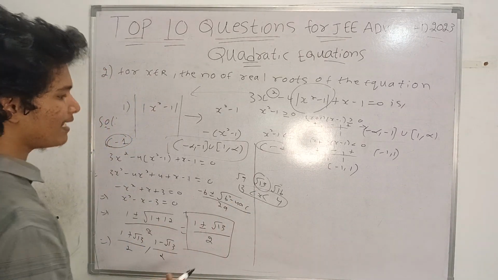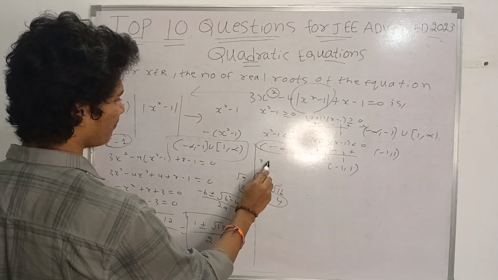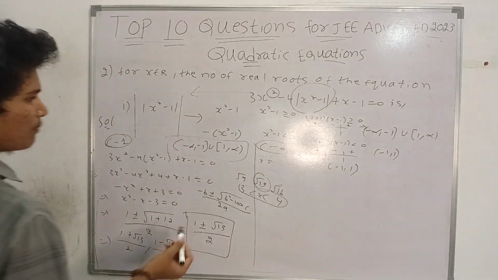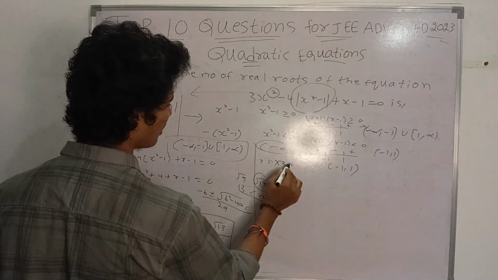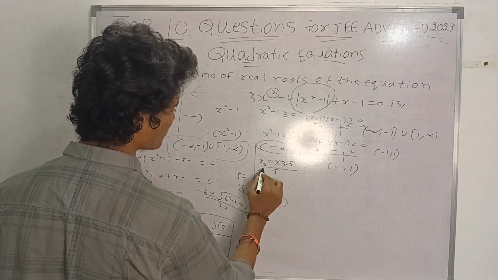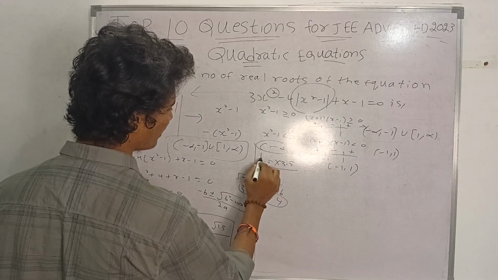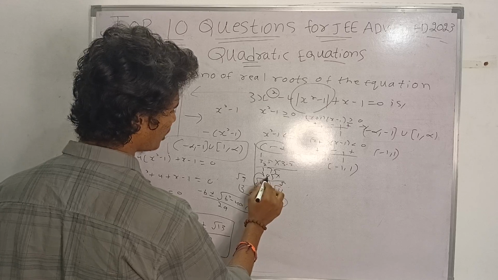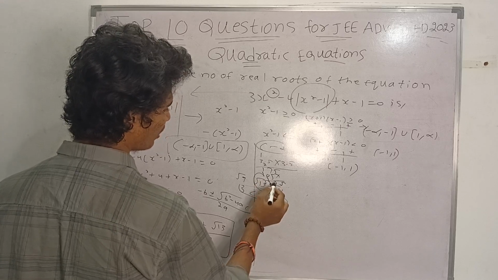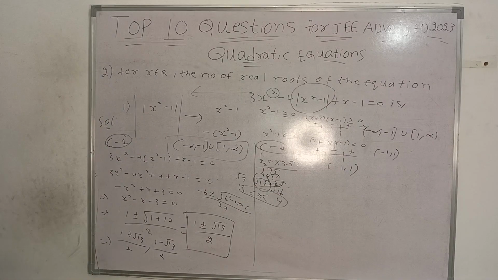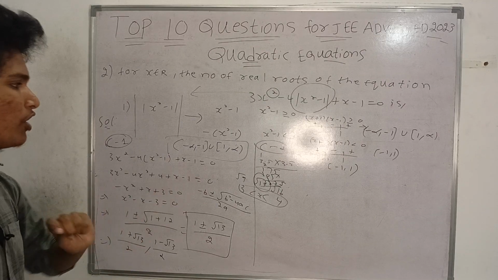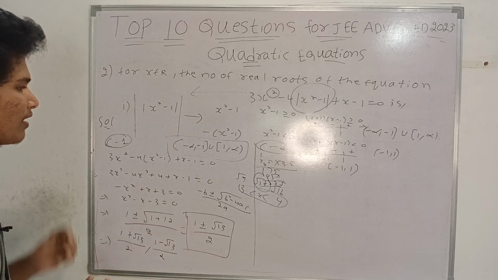Suppose we take 3.5. If we check, 3.5 into 3.5 is 12.25. It is approximately equal to 13. So we can take 3.5 as a rough estimation.